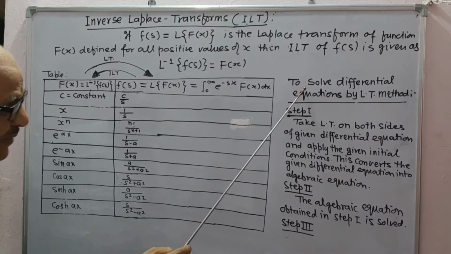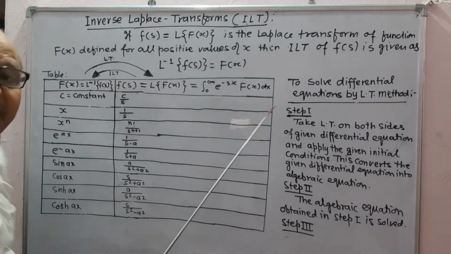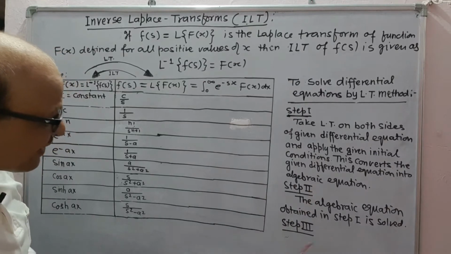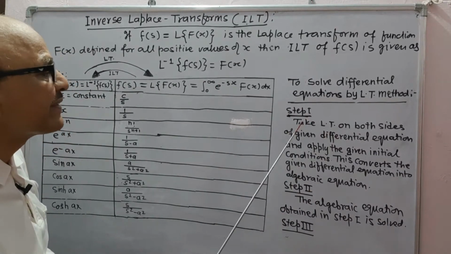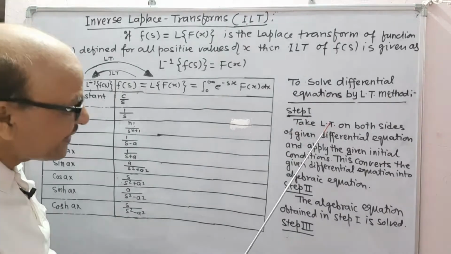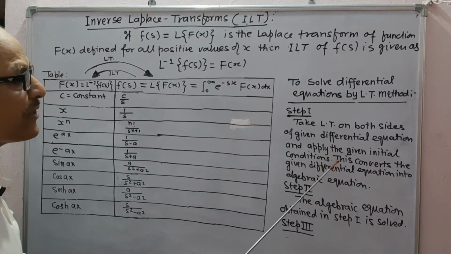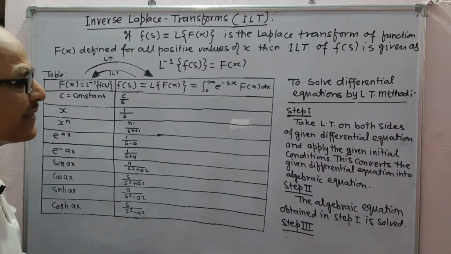Next, the method of solution of differential equations by Laplace transform method. For this, we can solve in 3 steps as discussed here. In step 1, we take the Laplace transform on both sides of the given differential equation and apply the given initial conditions.